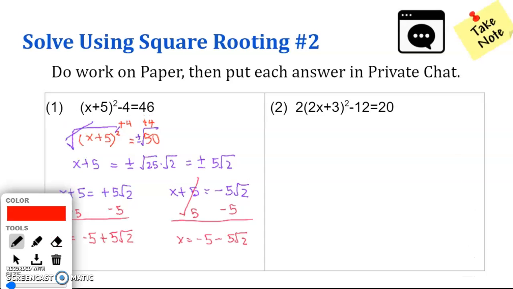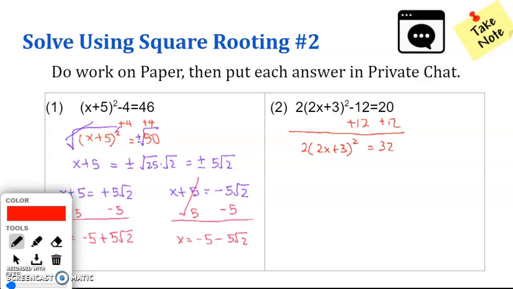Okay, let's try the other problem. Same process. We want just a square term on the left hand side, and we want just a constant on the other side of the equal sign. So therefore we want the negative 12 brought to the other side by adding 12 to both sides, and that leaves me with 2 multiplied by (2x plus 3) all squared is equal to 32.